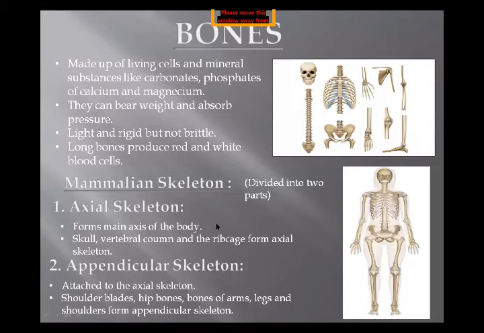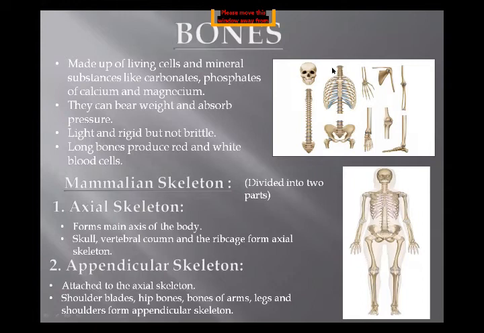And the appendicular skeleton is all the bones that are attached to the axial skeleton, just like the shoulder bones, the hand bones, the leg bones, or we can say both the limbs, the bones of arms, bones of legs, and the joints, they all make the appendicular skeleton.